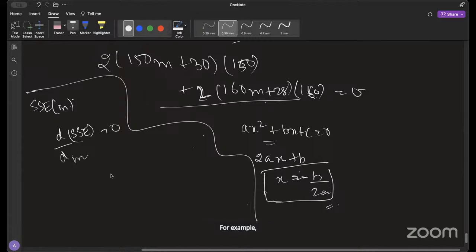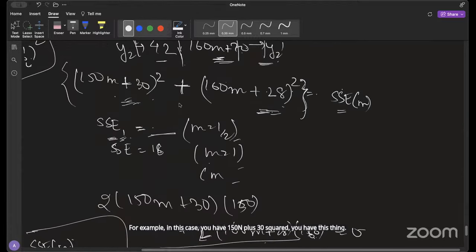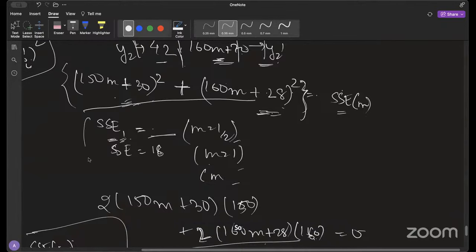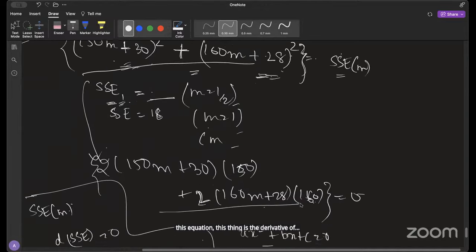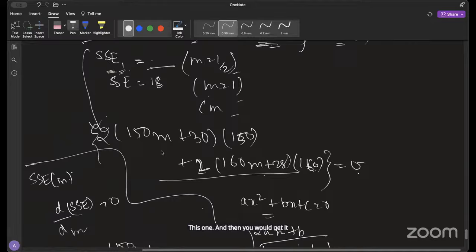For example, in this case, you have 150m plus 30 square. So the derivative of this is this, and then you equate it to 0 to find the value of m.